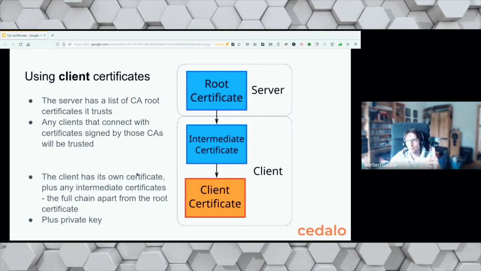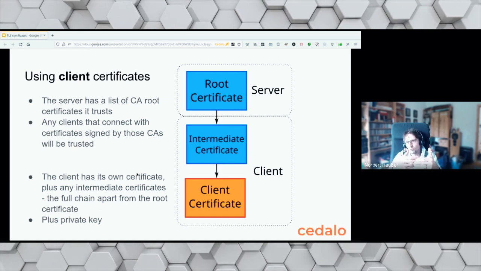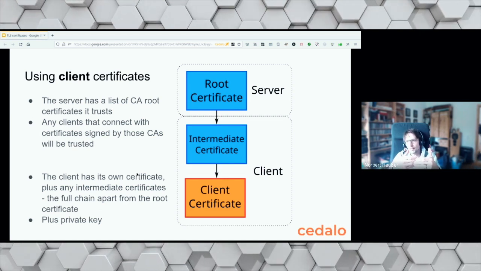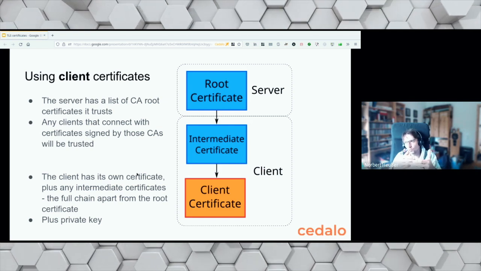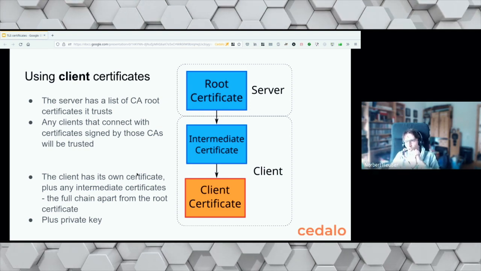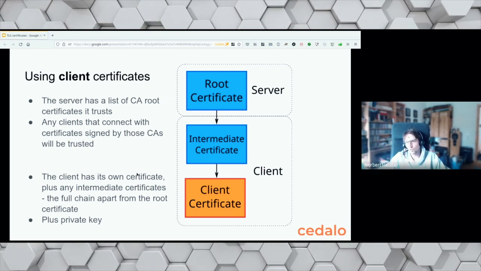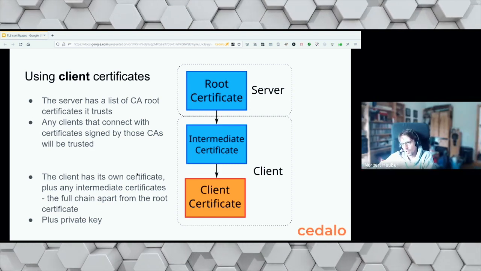And then half a year later, you create a new intermediate certificate, which is also valid for a year. And then you have something like six months to move the client certificates from one intermediate to the next one. This gives you different overlaps and opportunities. That's another use case I've seen in the past, that you do this rollout.